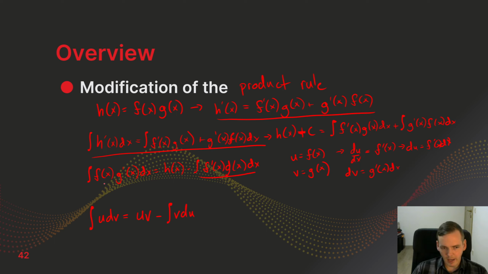So I'm plugging it in. f of x is u, g prime of x dx is dv, h of x is just f of x times g of x, so u times v. And then g of x is v, and f prime of x dx is du, and so this right here is the way that we typically present integration by parts.